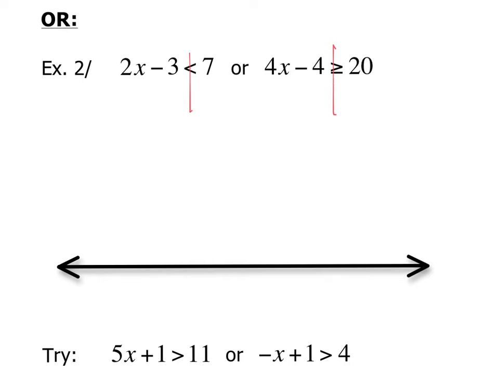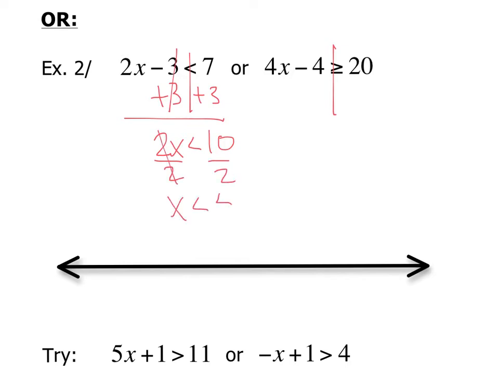On the left one, what do you do first? Add 3. Add 3. So 2x is less than 10, and then divide by 2. X is less than 5. So I have one of my solutions.